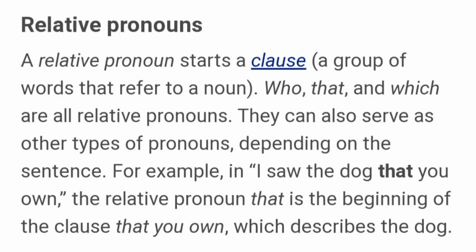The relative pronoun that is the beginning of the clause that you own, which describes the dog. Okay, the noun that comes just before the relative pronoun is called its antecedent. Okay, and also you must remember that the relative pronoun must agree with the antecedent in number and also in person.